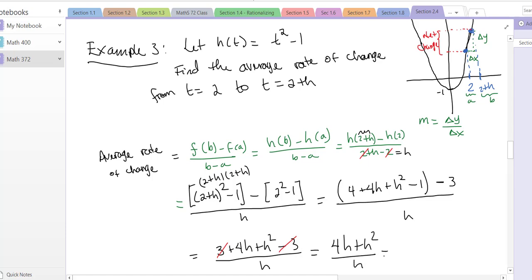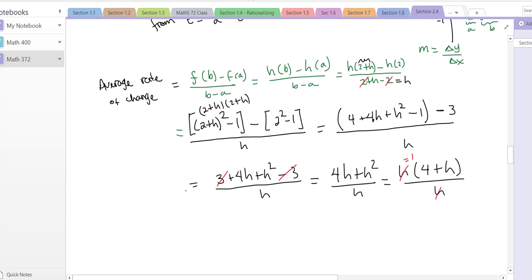I can continue to simplify. Factor out an h from the numerator, so I'm left with h times 4 plus h, divided by h. And now I can cancel that h. H divided by h is 1. And so our final answer, our average rate of change with this little variable h, is 4 plus h.